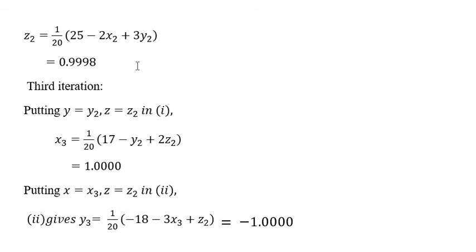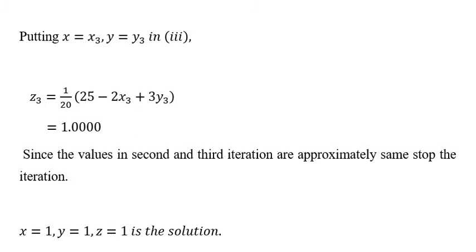So we get z2 equals 0.9998. Similarly, continue the third iteration. In the third iteration we get x3 equals 1, y3 equals minus 1 and z3 equals 1. Since the values in the second and third iterations are approximately equal, we can stop the iteration. So x equals 1, y equals minus 1 and z equals 1 is the solution.